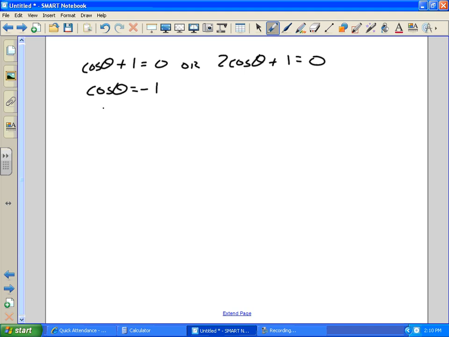Pi. So theta is equal to pi. Or, here I subtract 1 and divide by 2, so I get the cosine of theta is equal to negative 1/2. Where on the unit circle is the cosine of theta negative 1/2? 2 pi over 3 is correct.